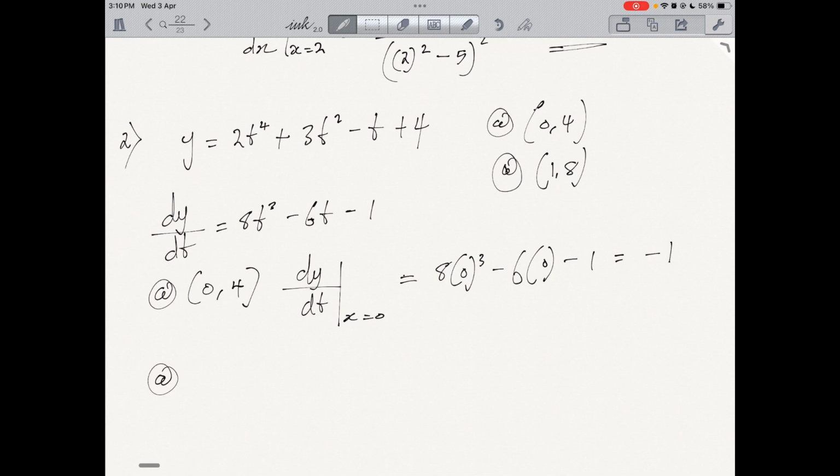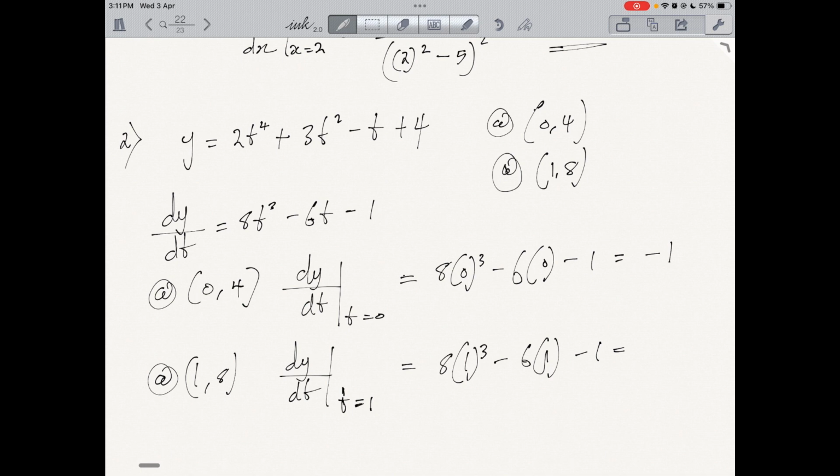And at 1, 8, the gradient of the curve is the differential at t equals 1. Sorry, this should be at t, likewise this should be at t. So where we see t, we substitute 1, so that is 8 into 1 raised to the power 3 minus 6 into 1 minus 1.